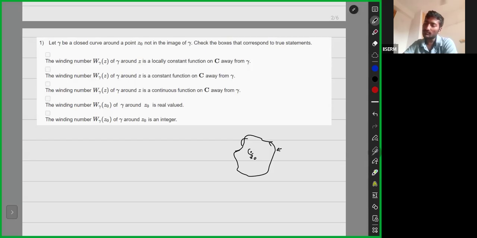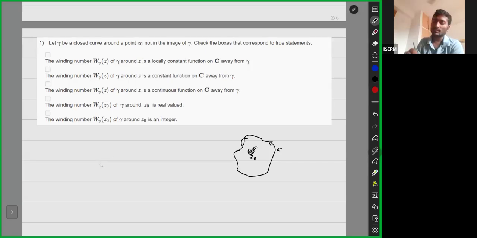There exists an open ball around z naught where the curve does not pass through, giving the same winding number.